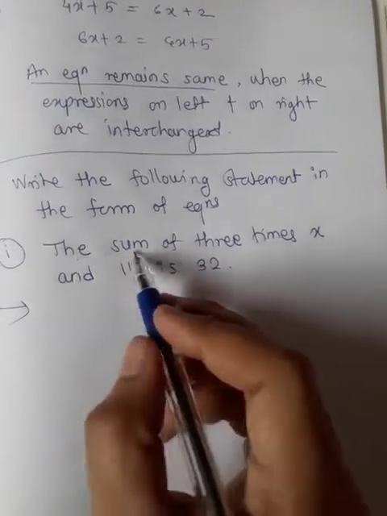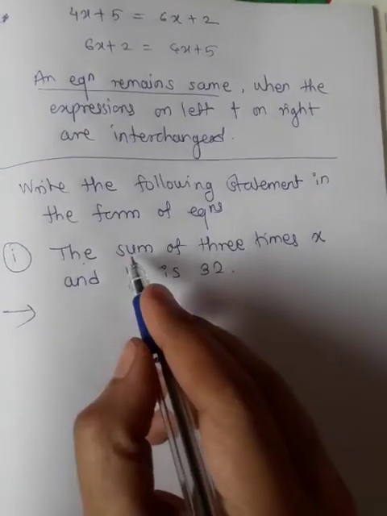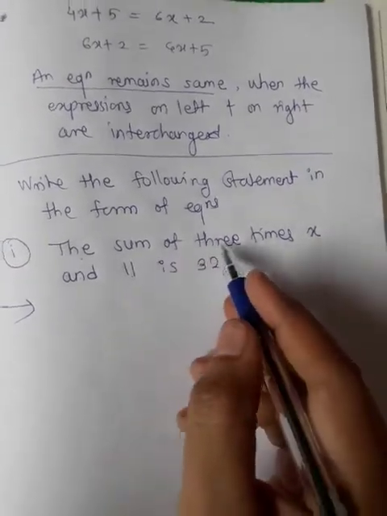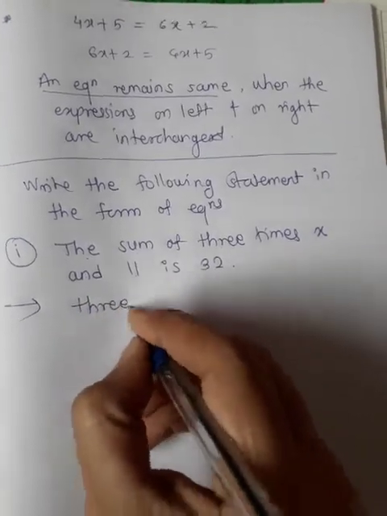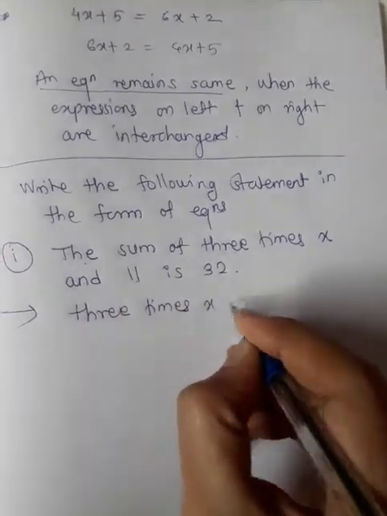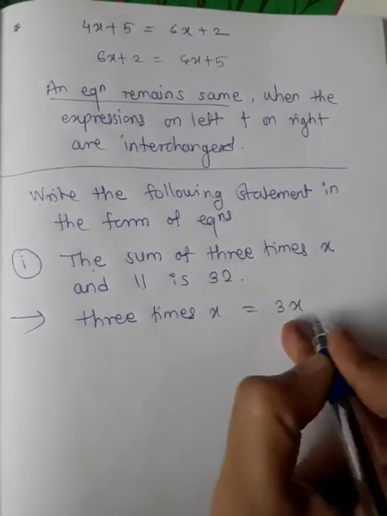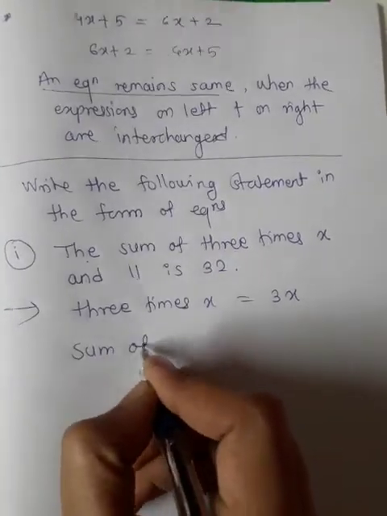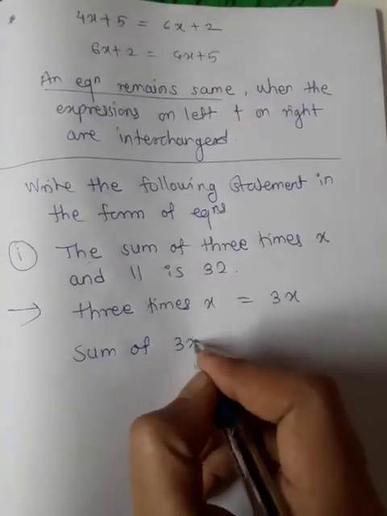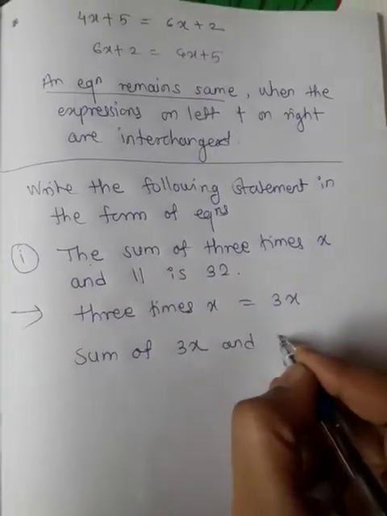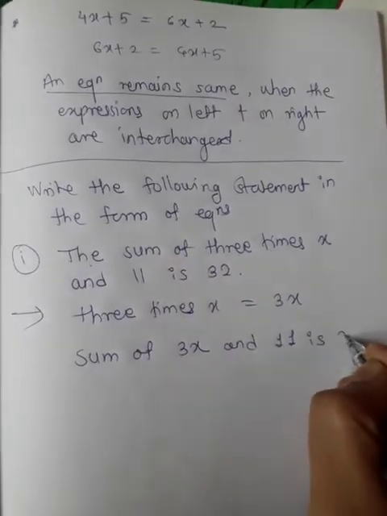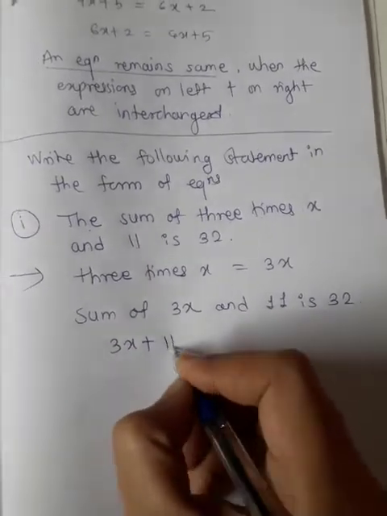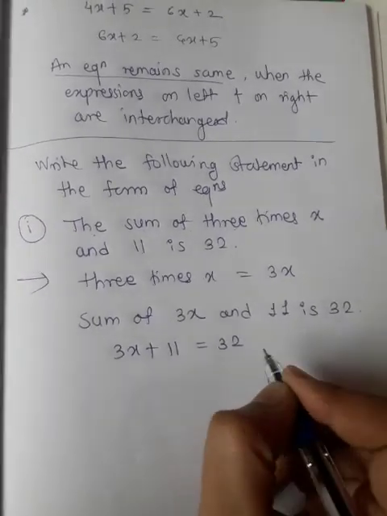So here the sum of 3 times x means we have to add 3 times x and 11. 3 times x is nothing but 3x, and the sum of 3x and 11 is 32. So it represents that 3x plus 11 is equal to 32.